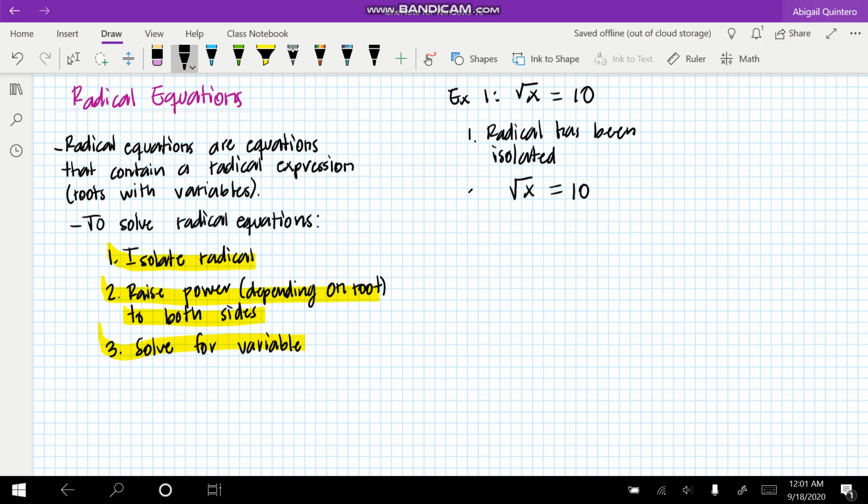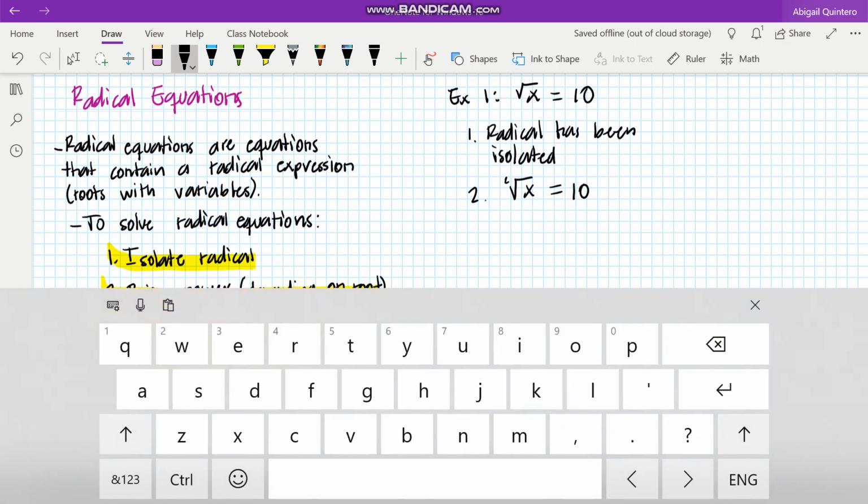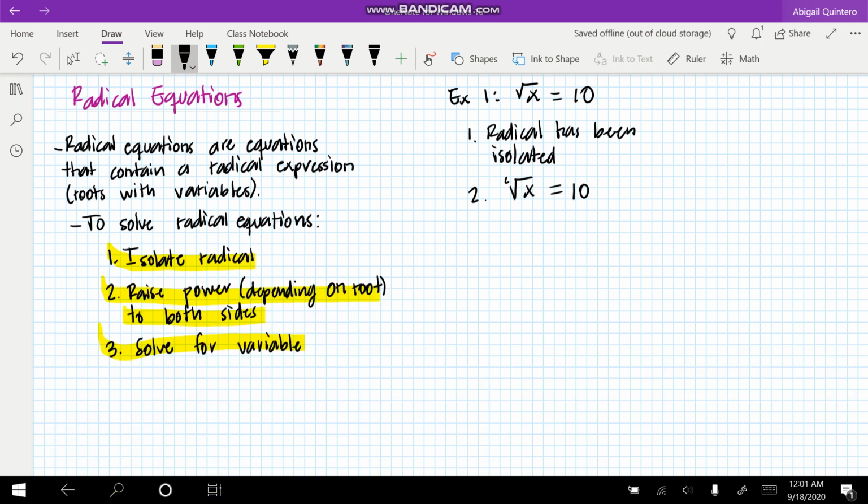The next step, so step number 2, is raise to the power depending on the root. So this root is a square, so it has a root of 2. So then we're going to do a power of 2 on both sides of the equation.